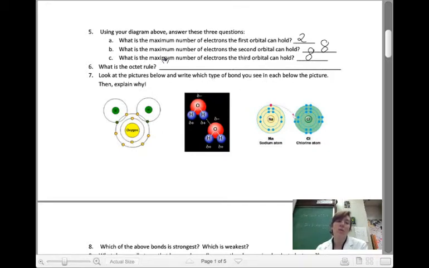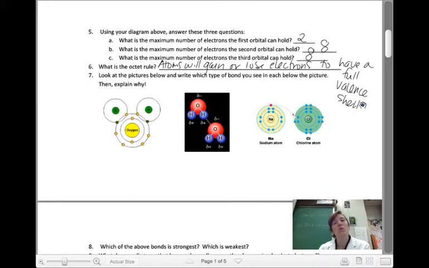So the octet rule states that atoms will gain or lose electrons to have a full valence shell. Because if atoms do not have a full valence shell, they are going to be looking to bond.